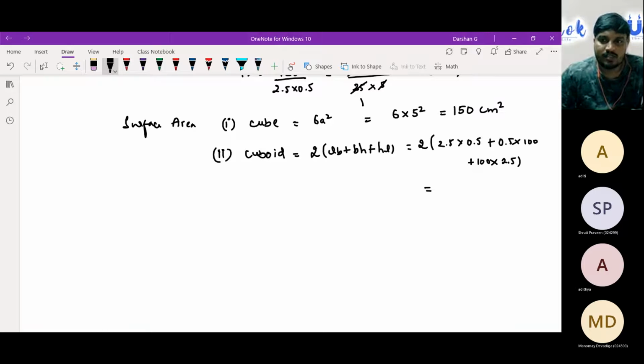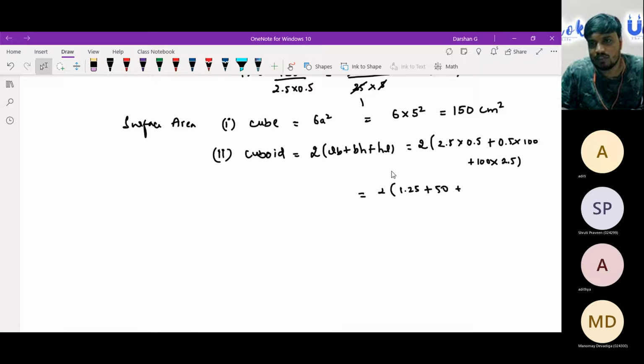Do all the multiplication, add it, then multiply. Whichever you have 100, it's easy. When you have 2.5 into 0.5, you need to be careful while doing that. Not so difficult. So this will be 1.25. This will be 50.